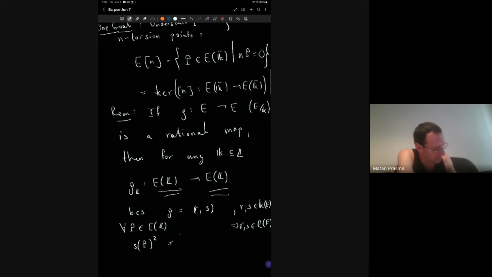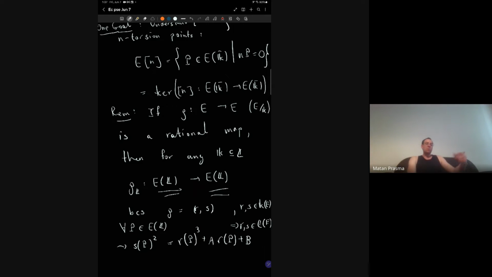I don't know that this equation SP squared equals RP cubed plus ARP plus B is satisfied, because the coordinates of P may lie outside of K, and then I am not guaranteed any of this.